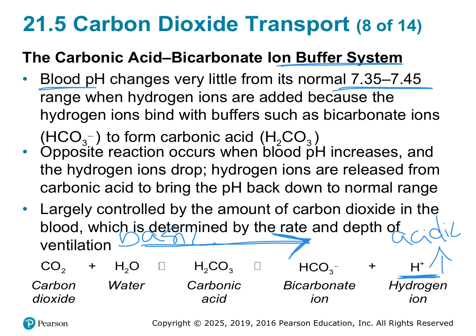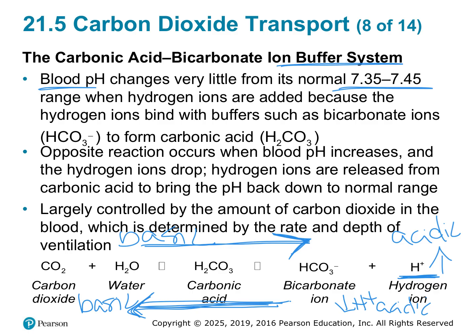If something is too acidic, then we can move this reaction in this reverse direction and take the hydrogen ions out, decrease the hydrogen ions in solution by moving in this reverse direction, to start to make it more basic.